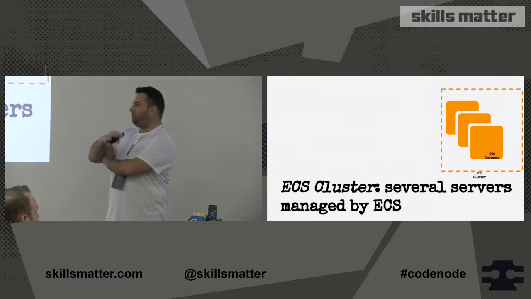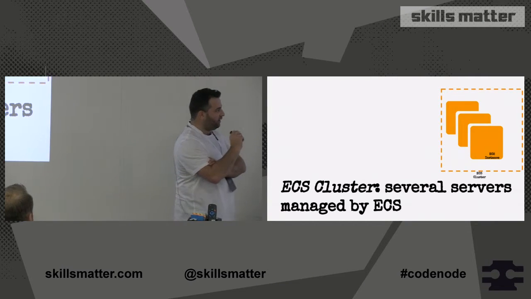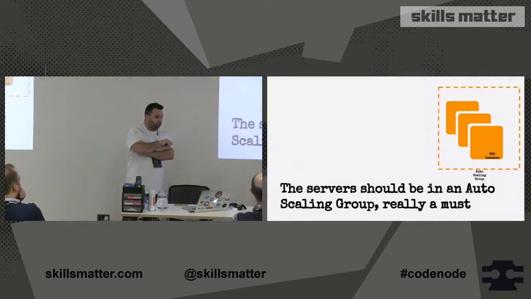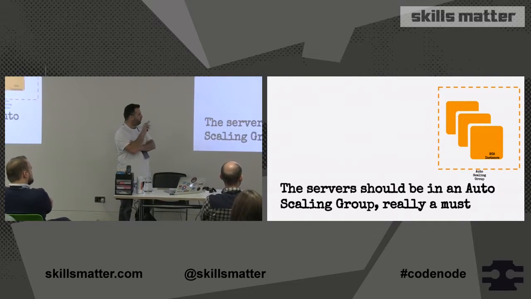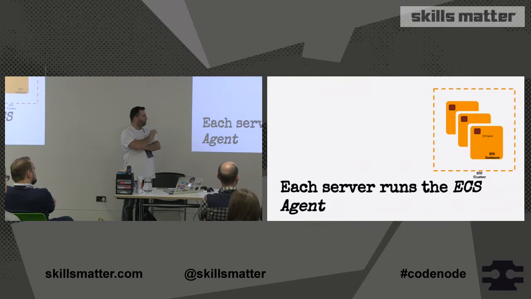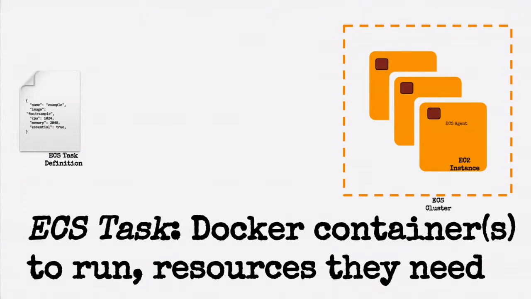They can scale up, scale down, usually using auto-scaling groups that control it. Servers should be in auto-scaling, as I said. Each server runs an ECS agent that manages it. I know, I'm very, very late.